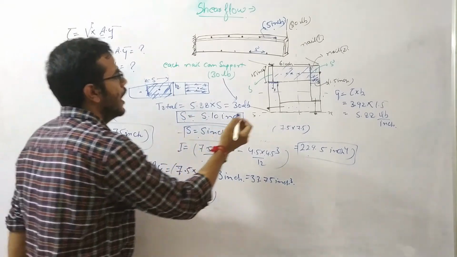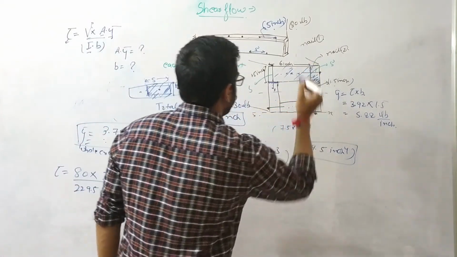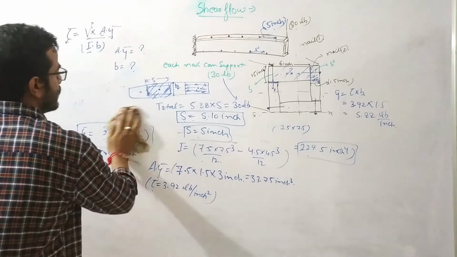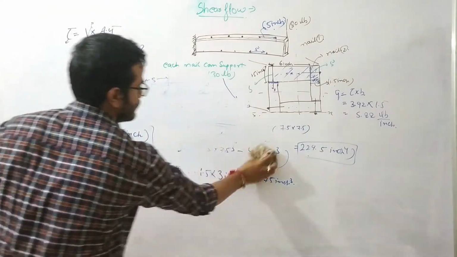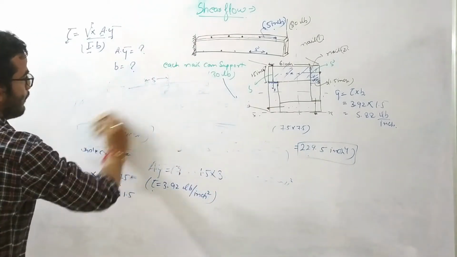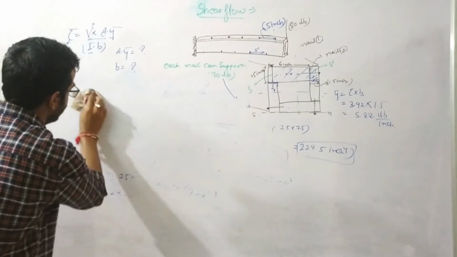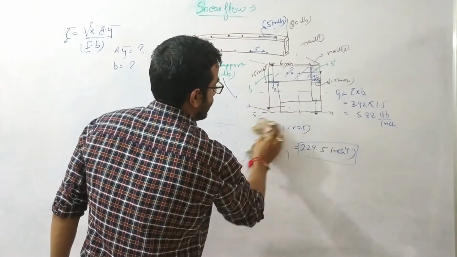Now we'll see how we will calculate the shear force and the spacing of these nails. Moment of inertia will be the same. In this problem, the important thing is what will be the first moment of area. That is the important thing.